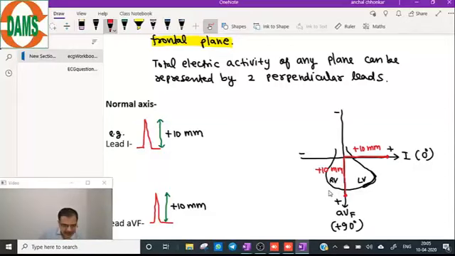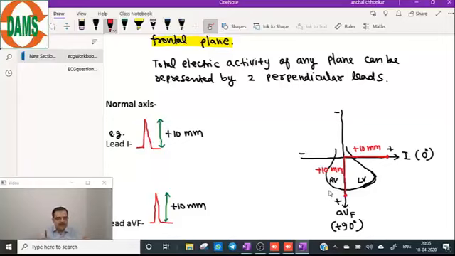Why is it measured in the frontal plane? Because in the frontal plane we have well defined degree axis of the limb leads, not in the horizontal plane. So recall your class 7 mathematics.